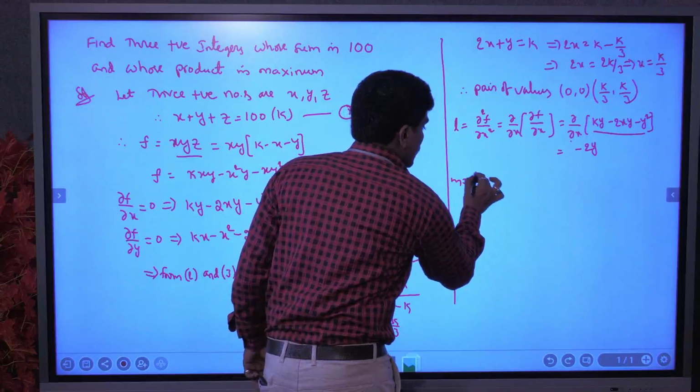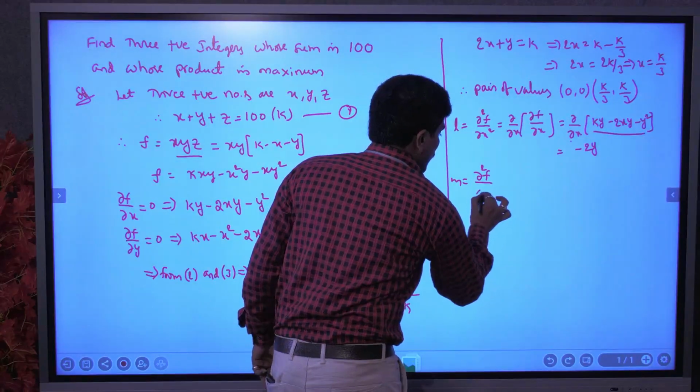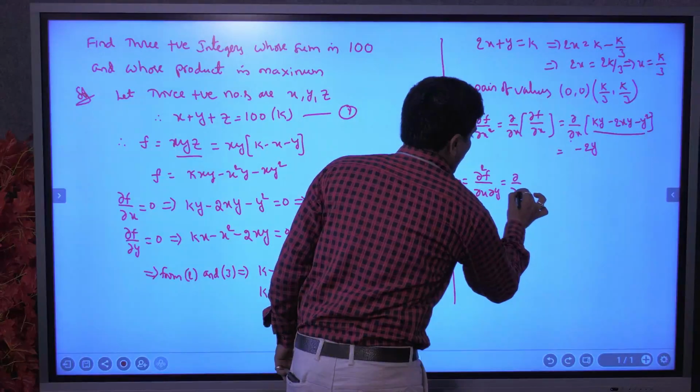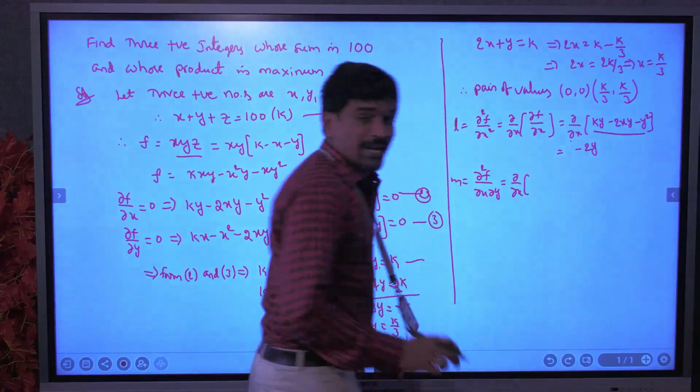Next, find m. What is m? Here m is ∂²f/∂x∂y, that is equal to ∂/∂x of ∂f/∂y.